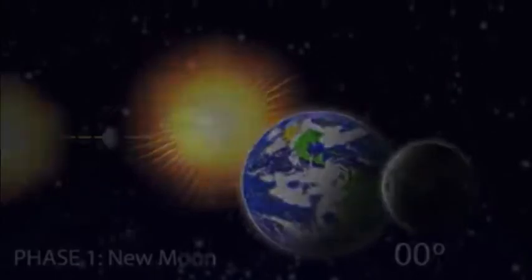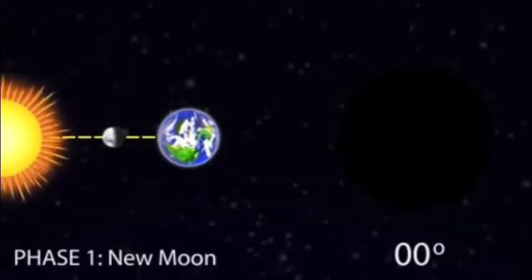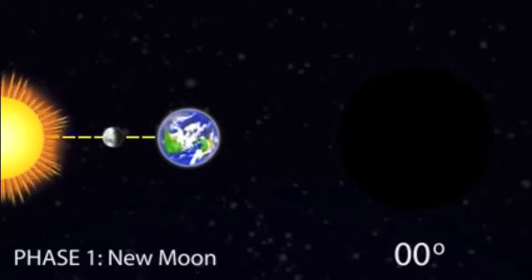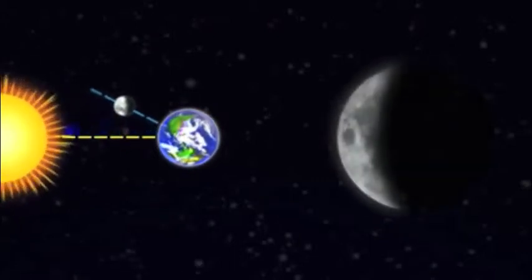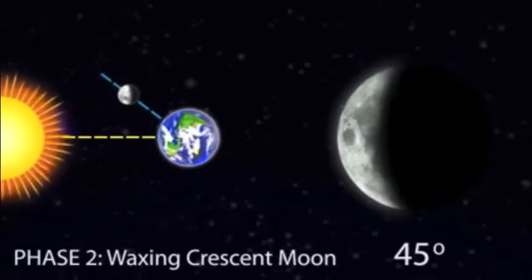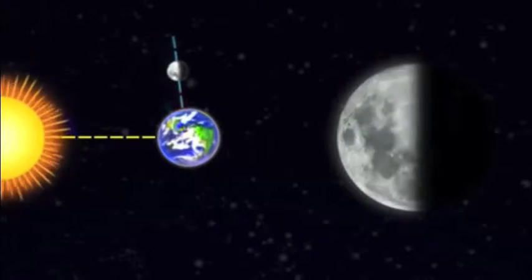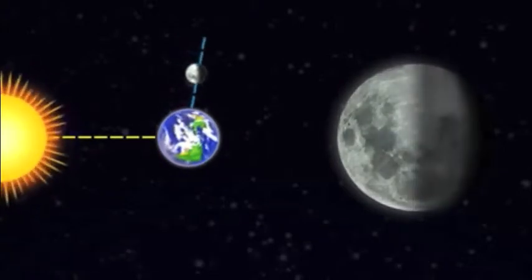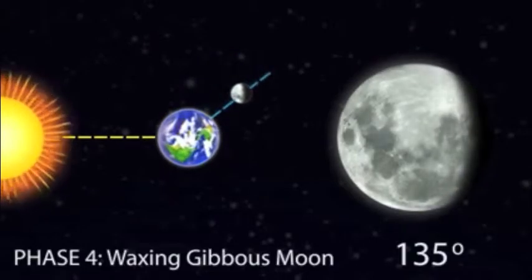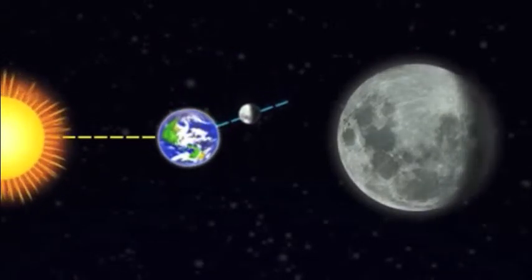Phase 1 is called the new moon. In this phase, none of the illuminated half of the moon is visible to us on earth. Phase 2 is called the waxing crescent moon. Phase 3 is called the first quarter moon. Phase 4, the waxing gibbous moon. Phase 5 is called the full moon.